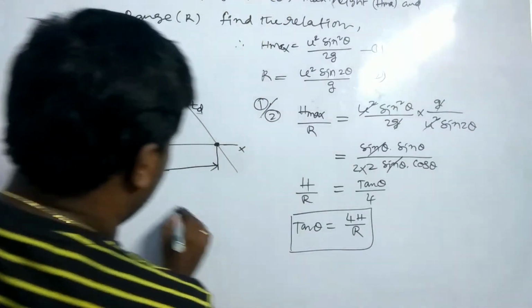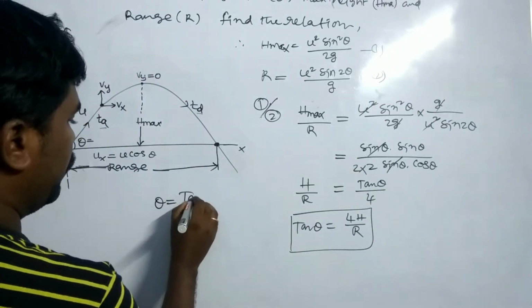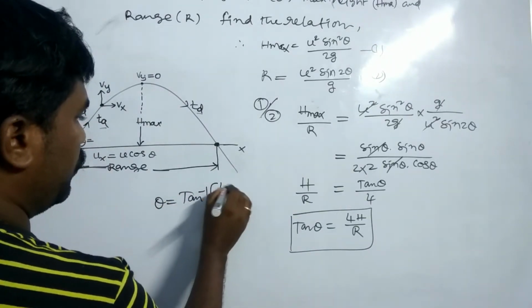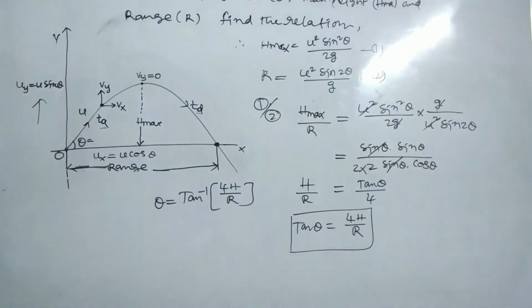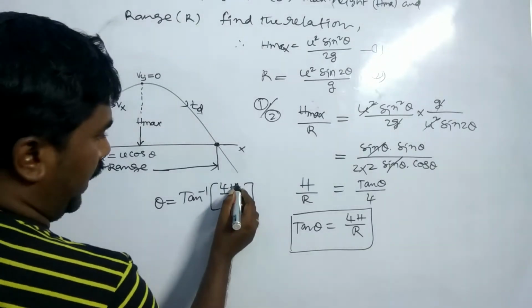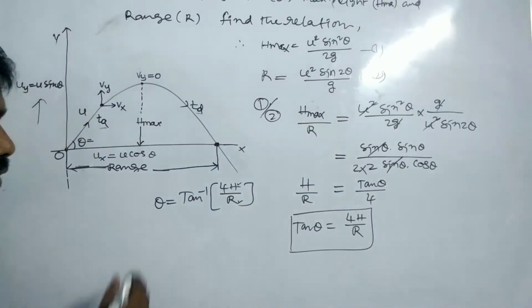So theta is equal to tan inverse of 4h by r. H is the maximum height, r is the range. If the maximum height and the range value are given to us, we can find the angle also. That is the relation between the maximum height, the range and the angle of projection.